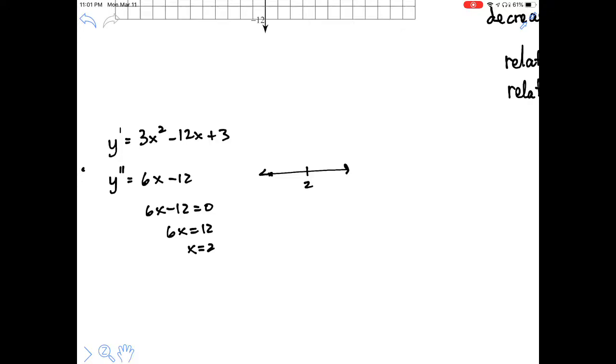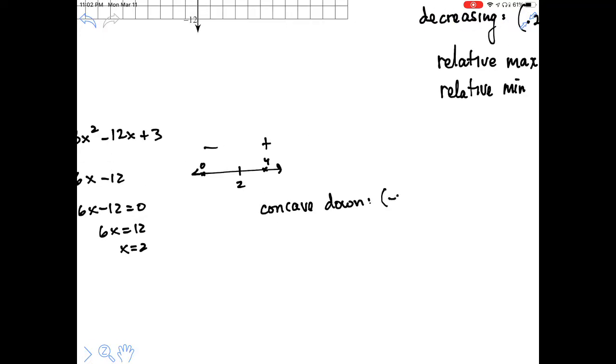So if I test something like 0 and positive 4 for my test values, if I plug in a 0, I'm going to get 0 minus 12, which is negative. If I test a positive 4, I'm going to get 24 minus 12, which is positive. So I know the graph is concave down from negative infinity to 2, and concave up from 2 to infinity.